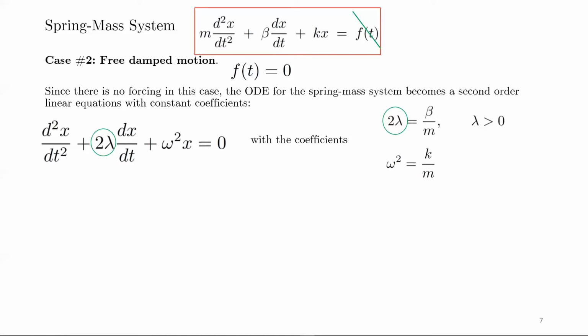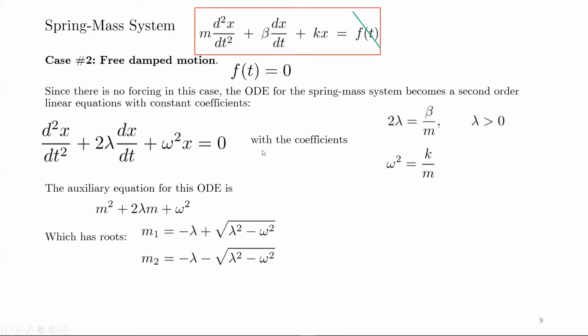So if we wanted to solve the system, we first write down the auxiliary equation for this ODE. And so we're going to get m squared plus 2 times lambda times m plus omega squared equals 0. Okay. Well, I forgot the equals 0 on the auxiliary equation here, but imagine that's equals 0 here, and we can solve this equation for the two roots, m1 and m2, right?